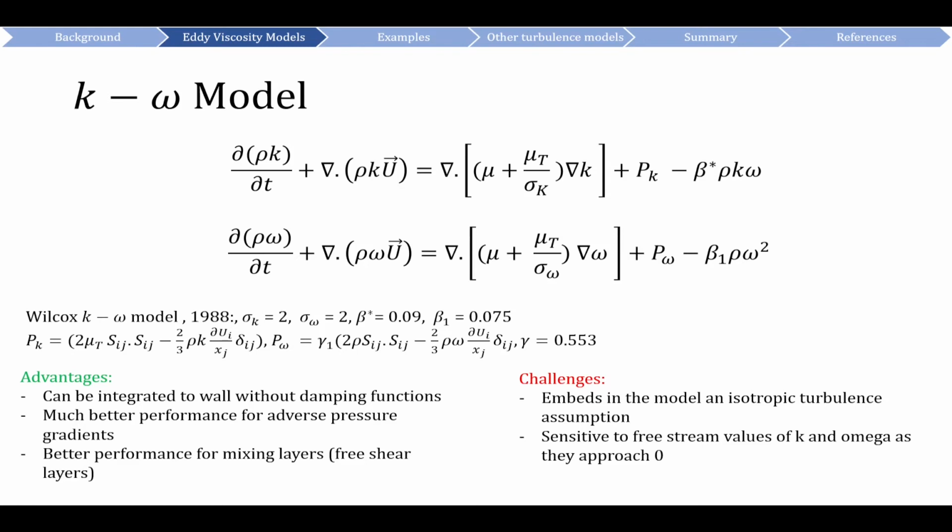That's an issue because it's very difficult to determine what the turbulence intensity is at the inlet in the first place. So the results are very, very sensitive to what you provide at the inlet, which is quite a problem for this model.